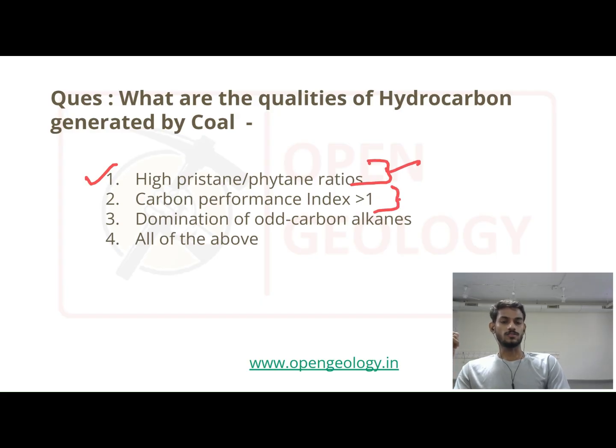There is the carbon preference index, and this index must be greater than 1. Then we have the domination of odd carbon alkanes. If you are getting any hydrocarbon which has domination of odd carbon alkanes, it must be generated from coal. So for this question, the fourth option, that is all of the above, will be our right answer.